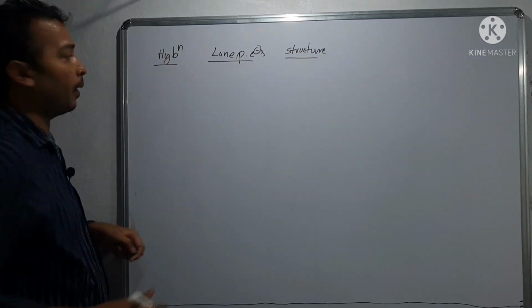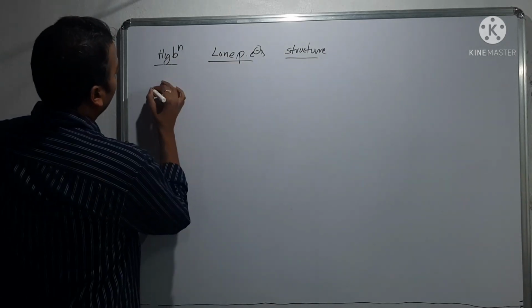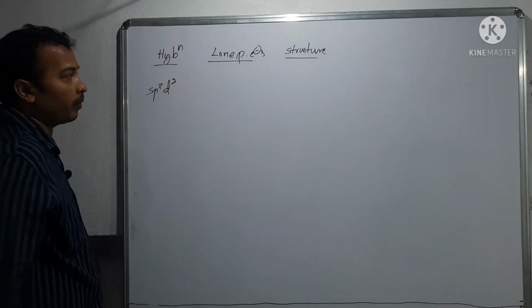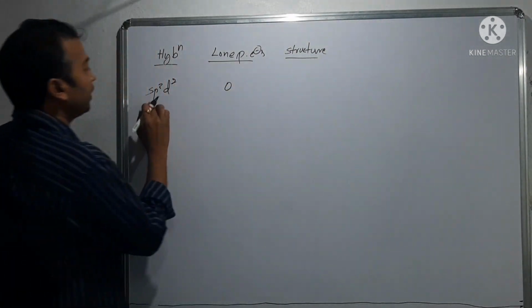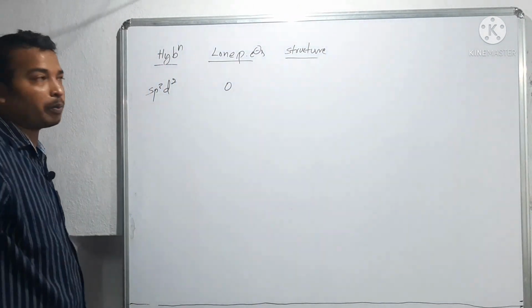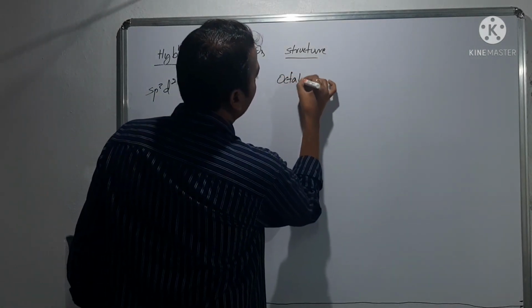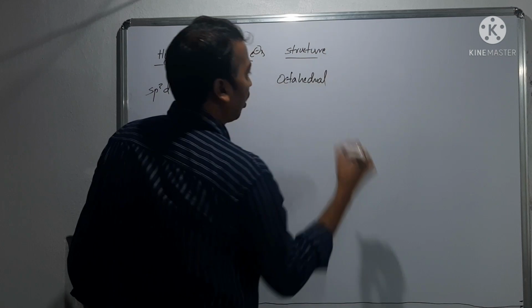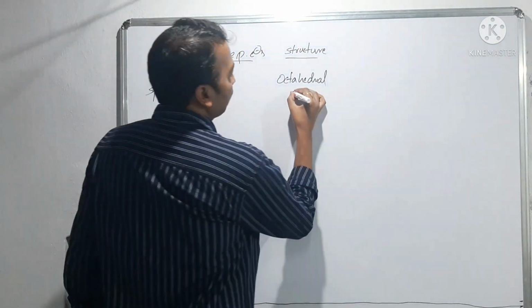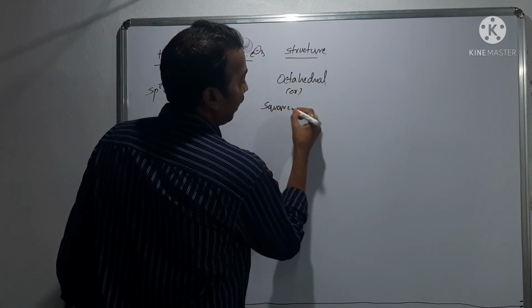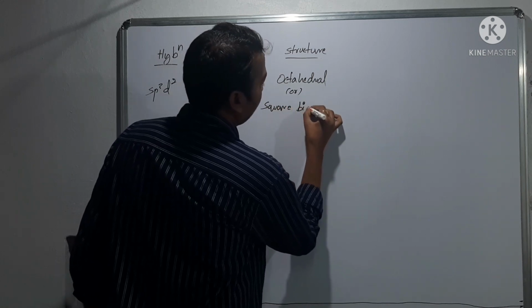Next one, that is sp3d2 hybridization without lone pairs. Without lone pairs, it is generally the familiar one, that is octahedral. Octahedral is also called square bipyramidal.